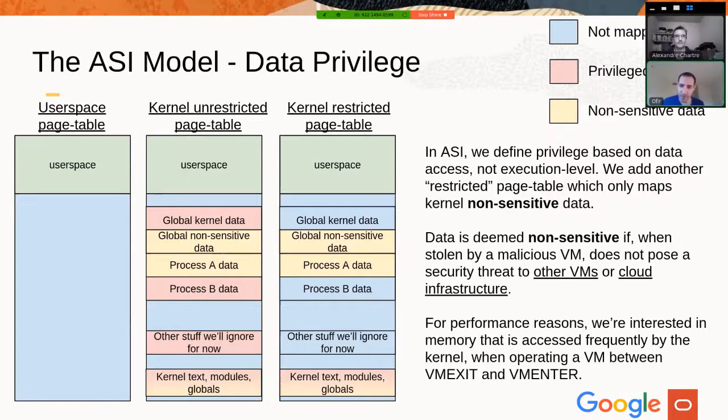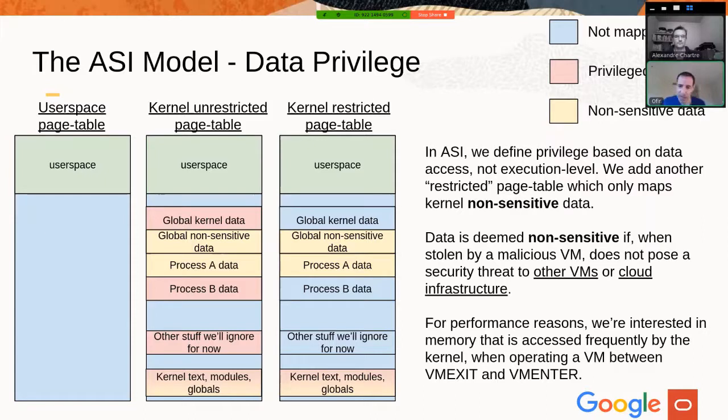And the question is, how do you define non-sensitive versus sensitive? In general, at least for now, we're hoping to use an allow-list approach, saying everything is a secret except for what we deem to be non-secret or non-sensitive. This can be global non-sensitive data or local non-sensitive data, which we'll talk about in a second.